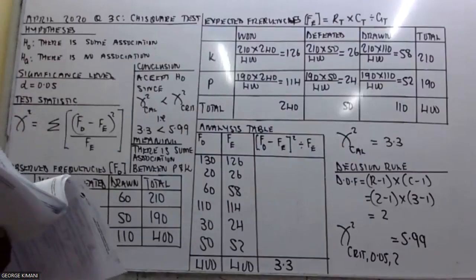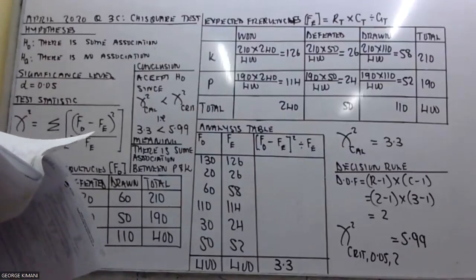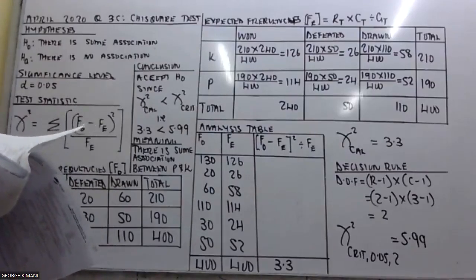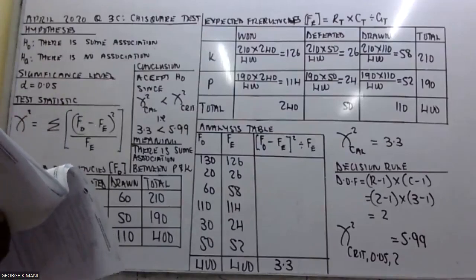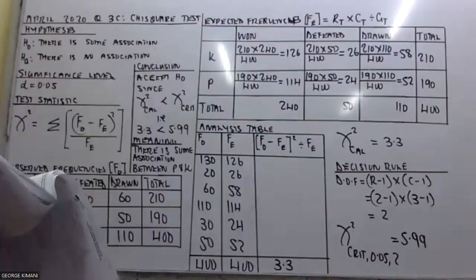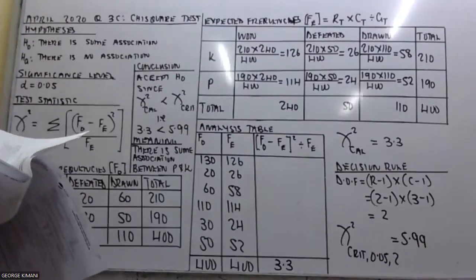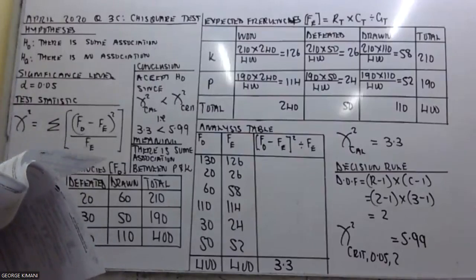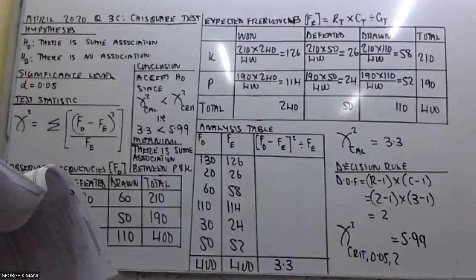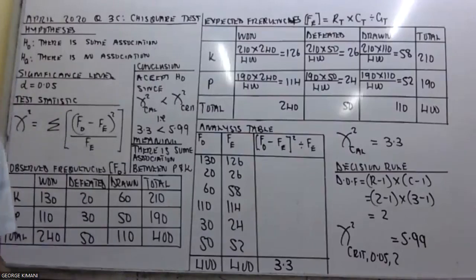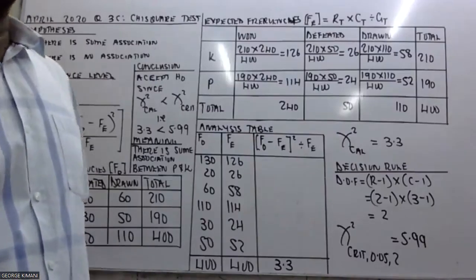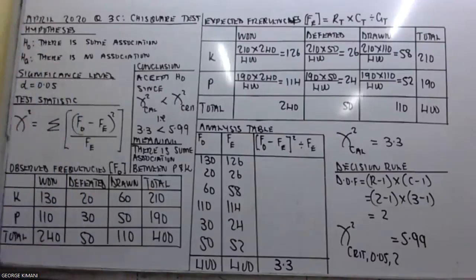Iko sawa, eh? Okay, so kama iko sawa, the significant level inatonga, you can change, eh? But for CPA naonanga wakileta tu hiyo. Yeah, it's the most common.